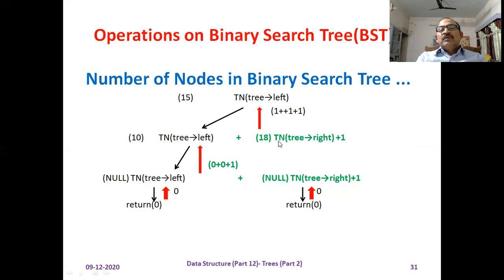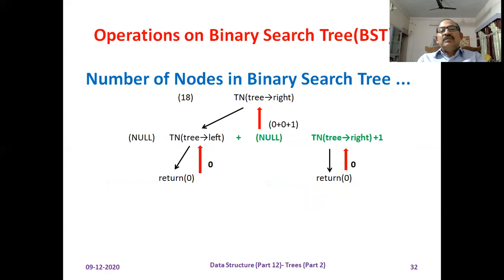Now the system calls this function Tn tree right plus 1. Now you can see here details given in this. The left subtree of node 18 is 0. Okay. So tree left plus tree right plus 1. So left subtree is 0. The system receives the value 0. And again the right subtree is 0.